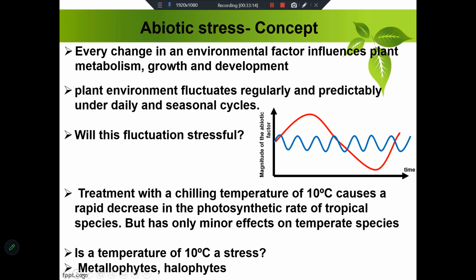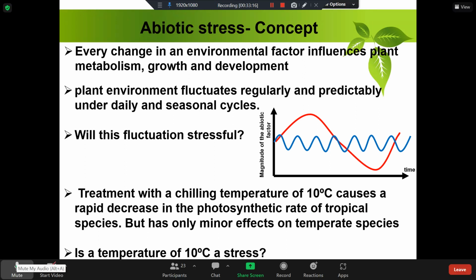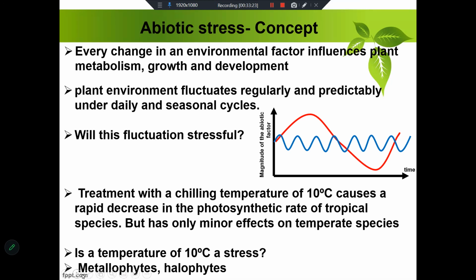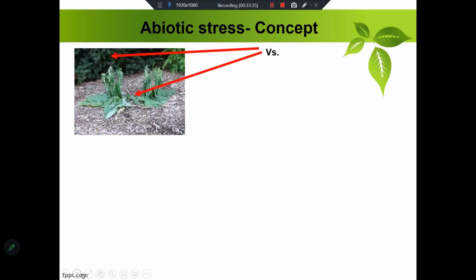Yes or no? No. Probably no. Okay, they can grow well. Even though they are growing in high salt concentration and in soils contaminated with heavy metals, they grow happily.